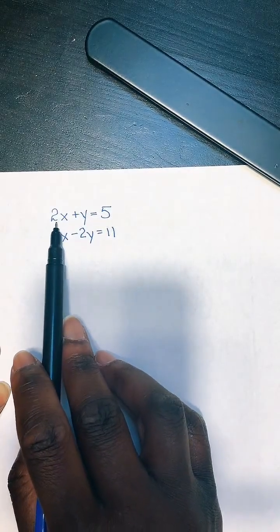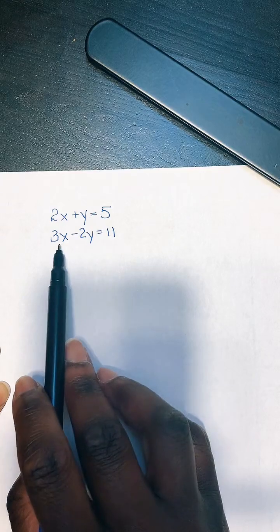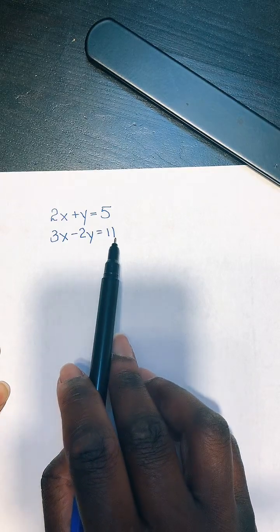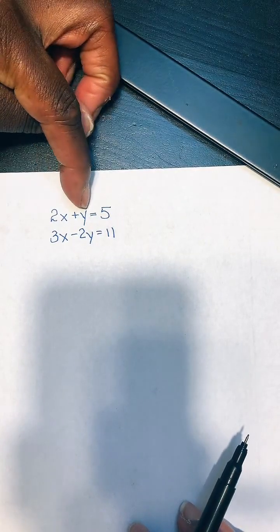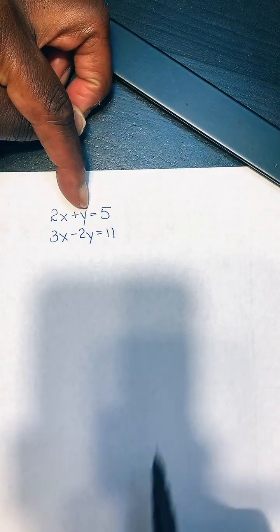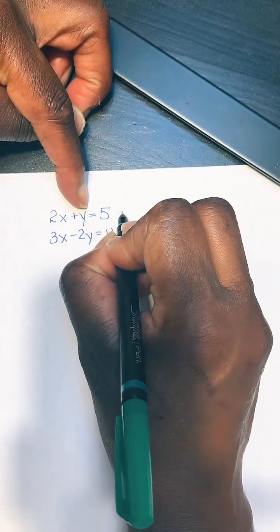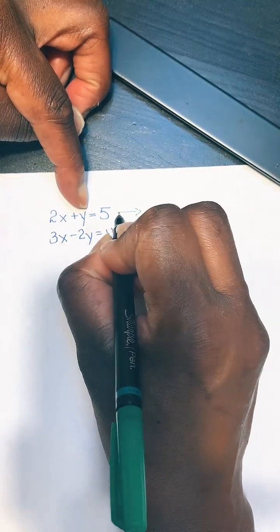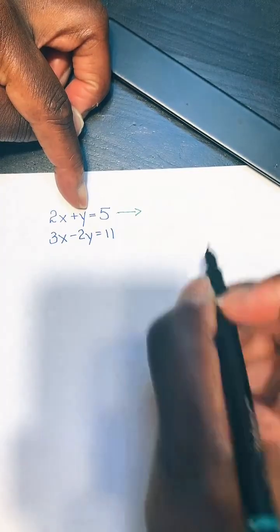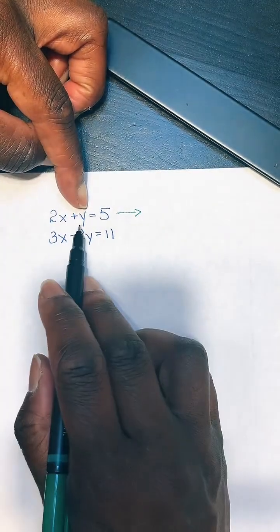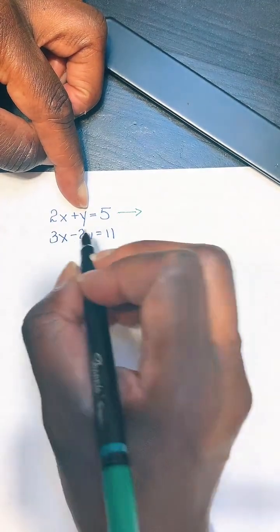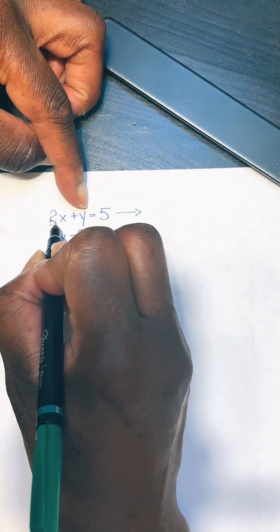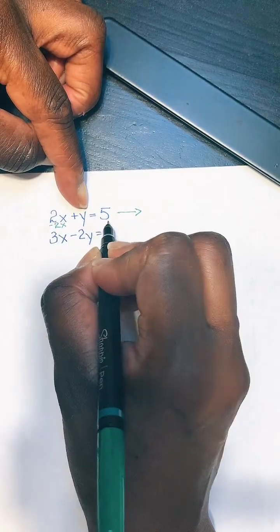So 2x plus y equals 5, 3x minus 2y equals 11. Now, the one that has the variable by itself is that top equation. We want to solve that for y. In order for the y to be by itself, I would have to subtract that 2x on both sides.